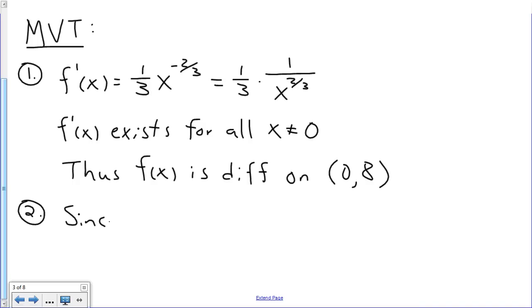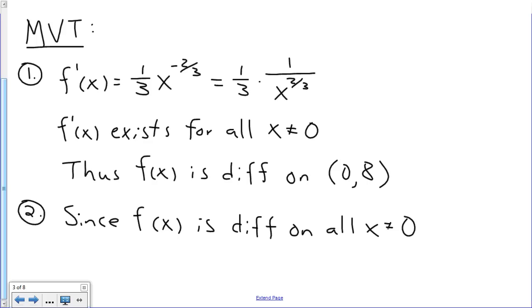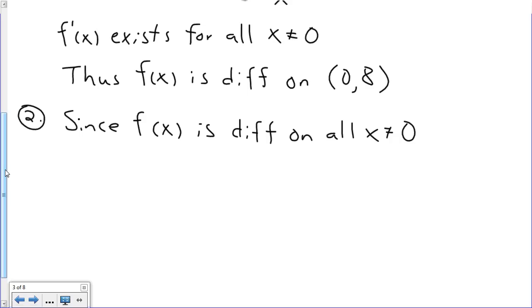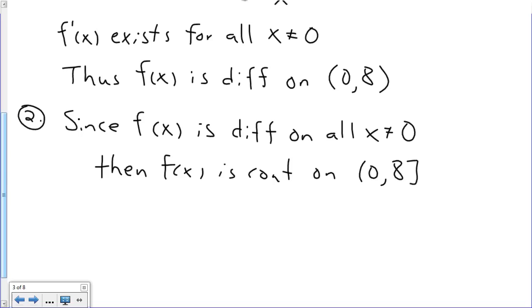And I can say since f of x is differentiable on all x not equal to 0, and differentiability implies continuity, then f of x is continuous on the interval from 0 to 8, not including the 0, but including the 8.